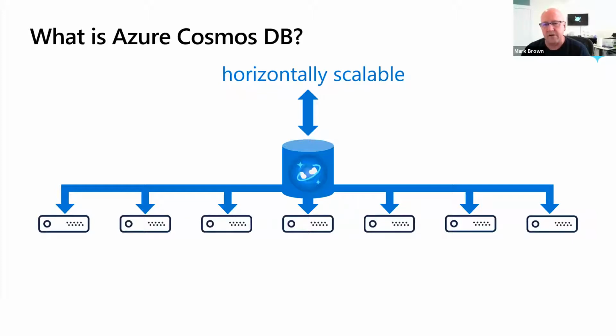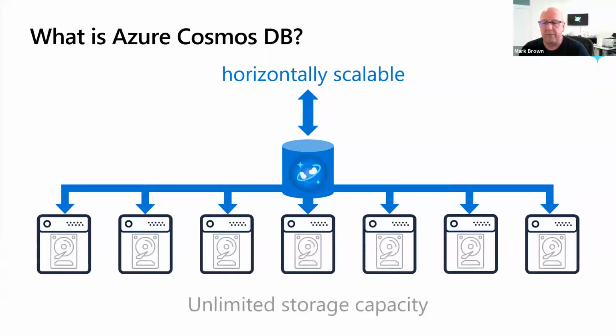Now, in Cosmos, we abstract all this away, but fundamentally, you're reading and writing data across a cluster of servers. And this is better known as scale out. It's how we achieve horizontal scalability in a database like Cosmos. Now, the nice thing about scale out is that you theoretically can get unlimited storage capacity. I mean, it's only limited by the number of servers that you can actually address within a data center or within a cloud or within a region.